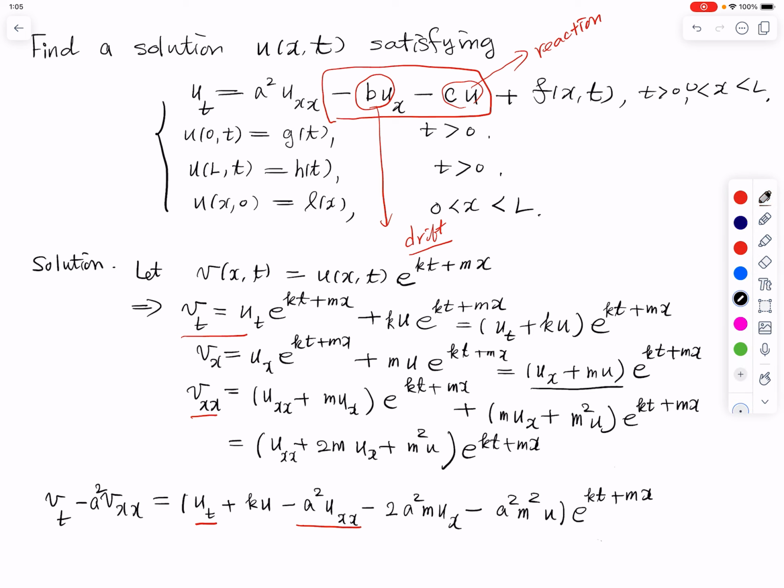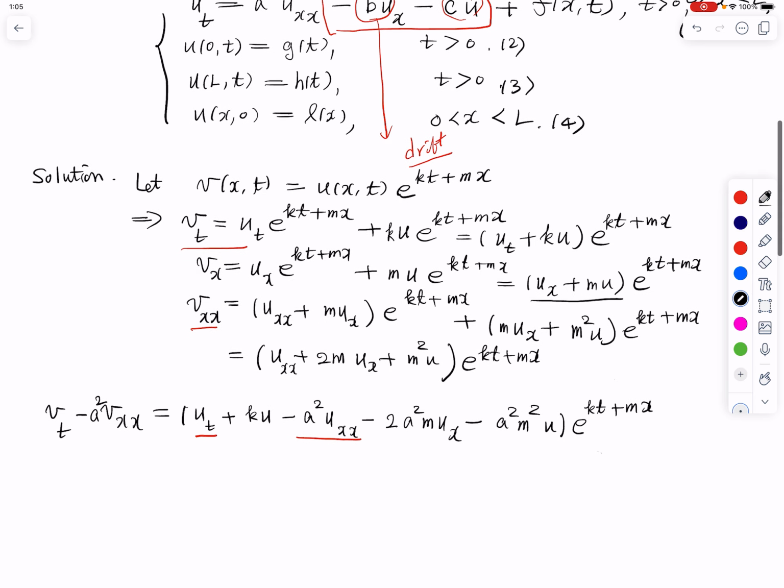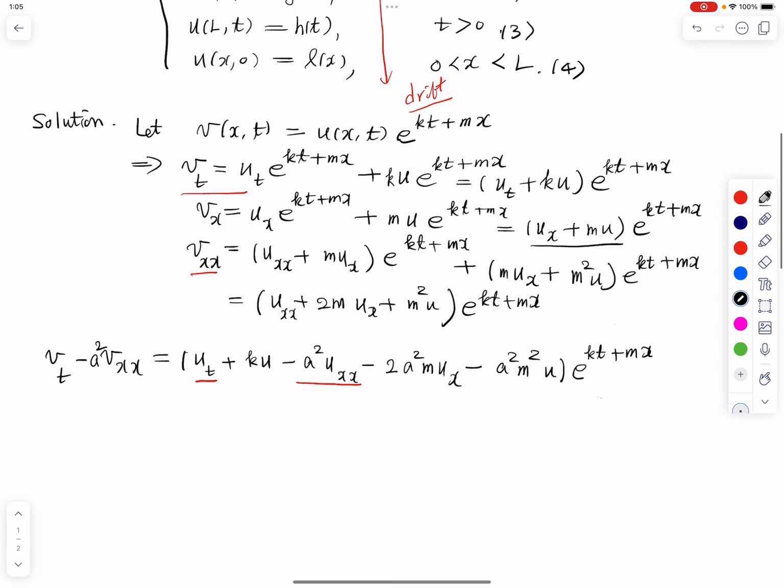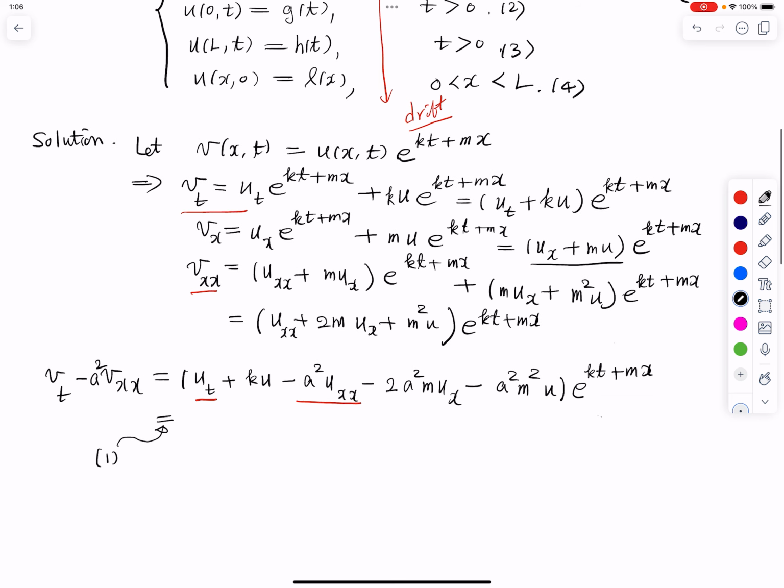Here, this is equation number 1, equation 2, equation 3, equation 4. That's equation number 1, so I'm using equation 1. You replace ut minus a square uxx by this one.